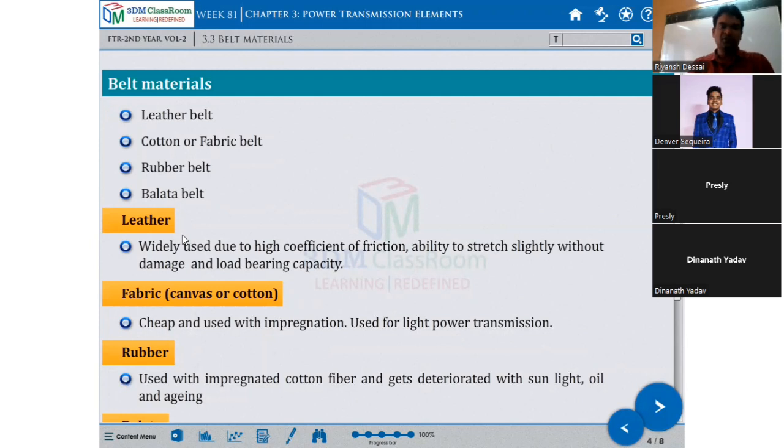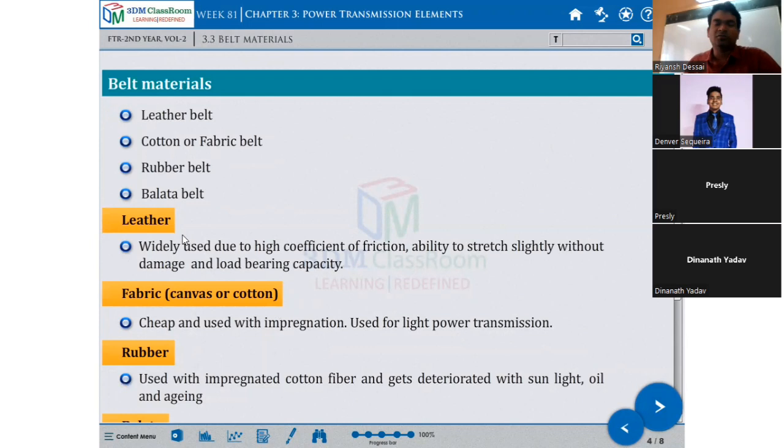What is a leather belt? It is widely used due to its high coefficient of friction, ability to stretch slightly without damage, and load bearing capacity.